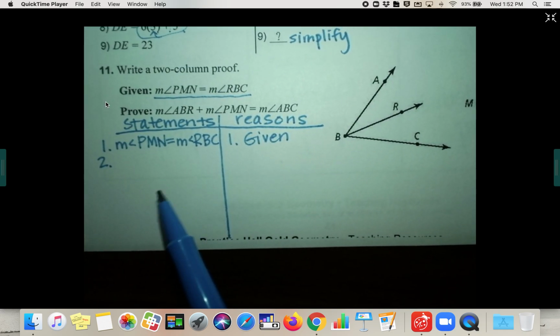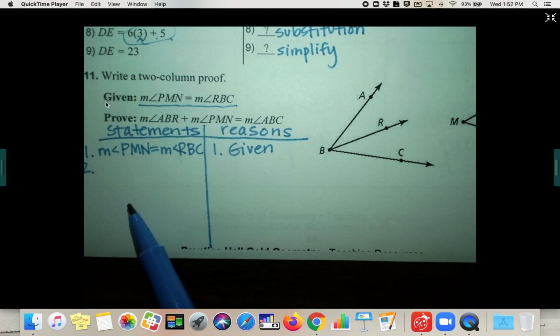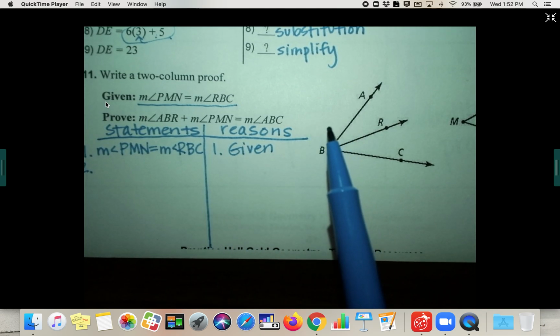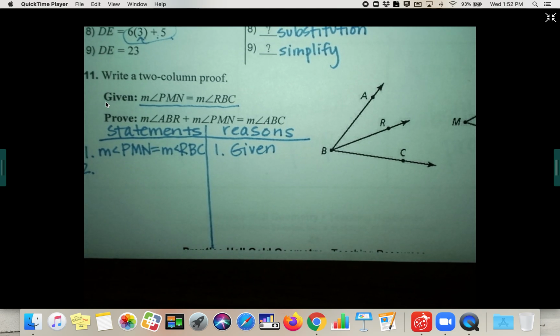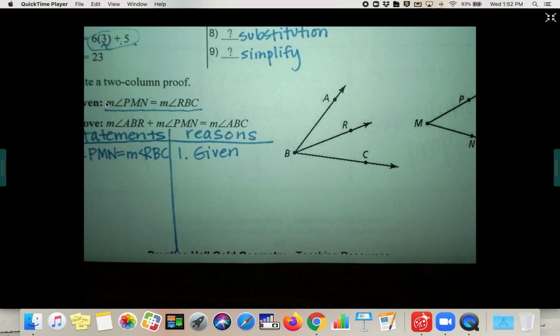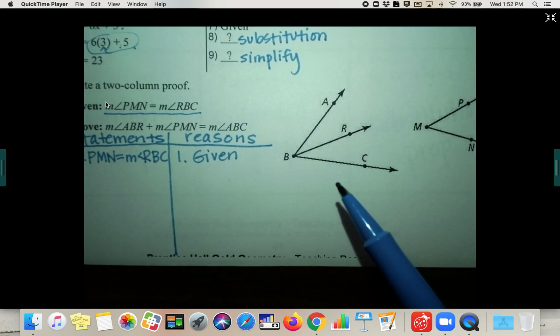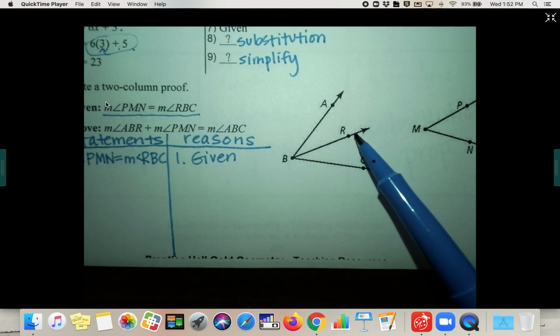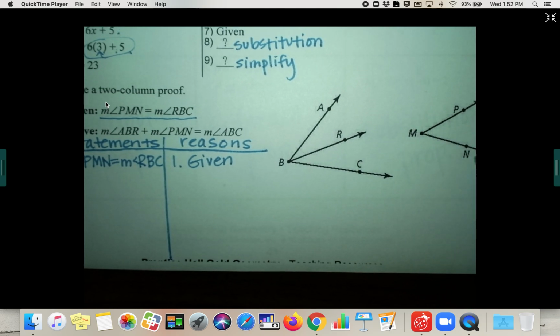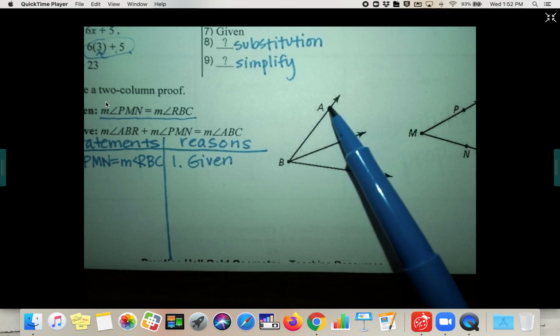So where would we need to go next? Next, I believe that we would want to go ahead and add. Let's go ahead next and add ABR plus PMN. No, just kidding.